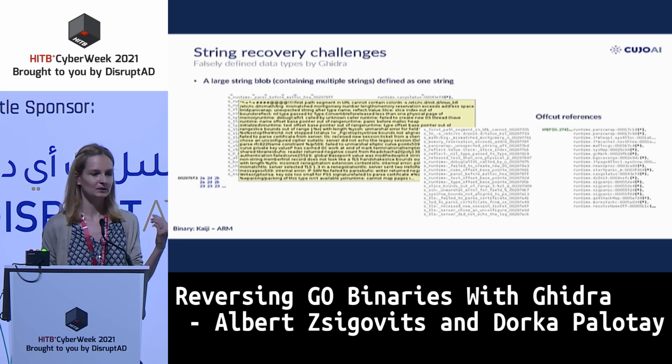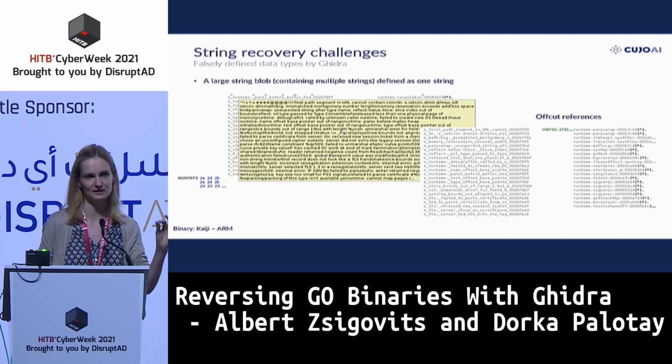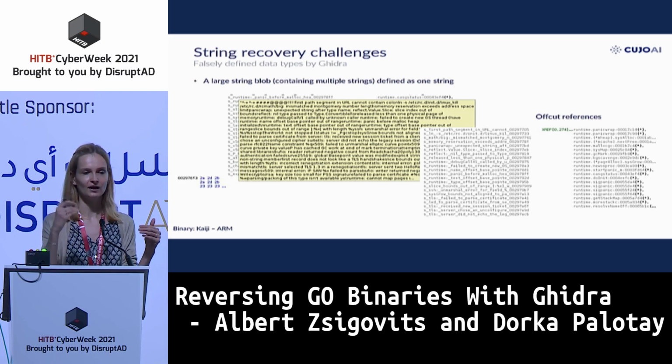What can we do here? In this example, you can see that there are many off-cut references to that specific string. It means that there are references from the code to certain parts of the string, not the beginning, but somewhere in the middle.